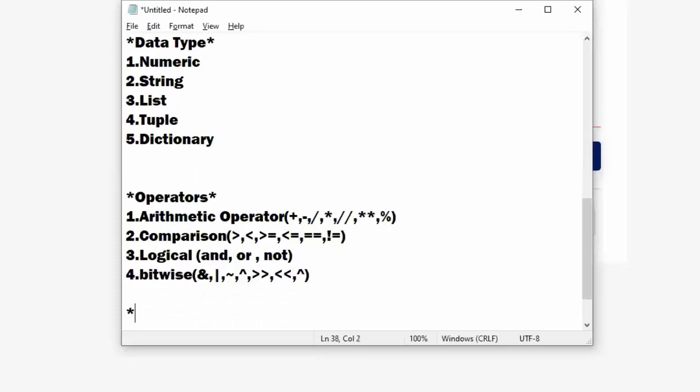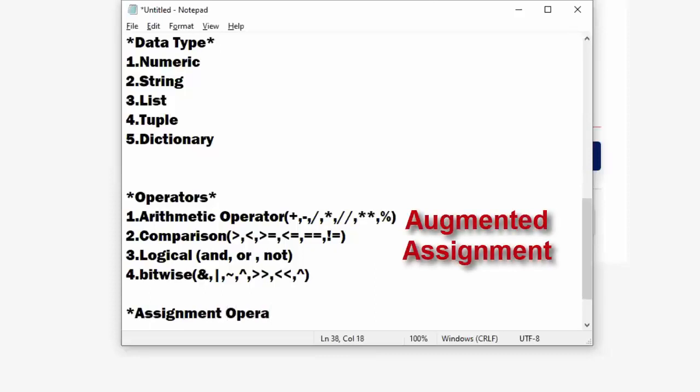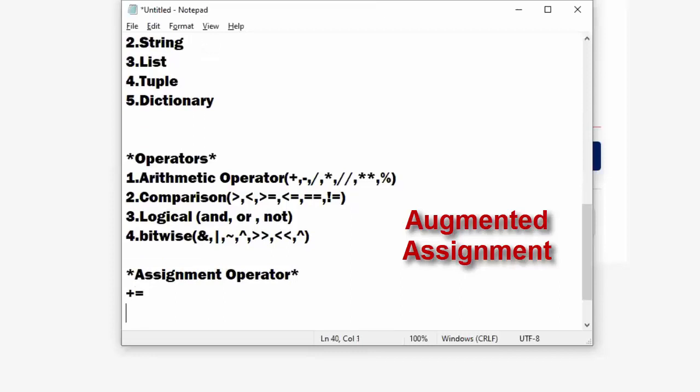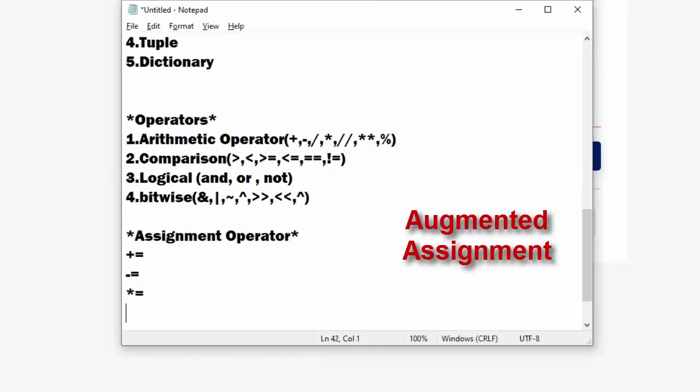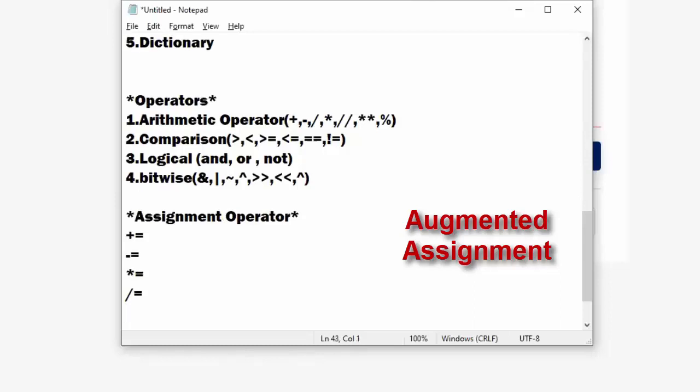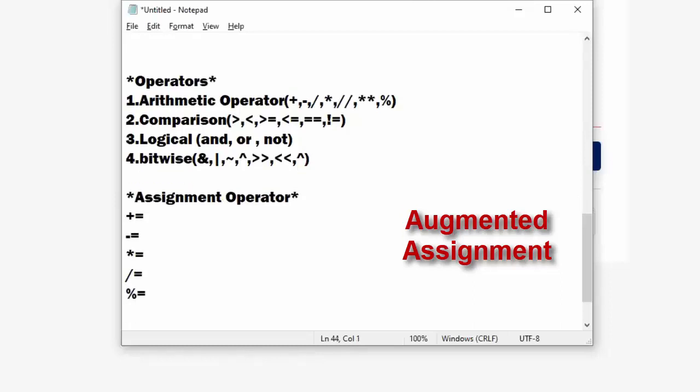Apart from this, Python supports assignment operators. Assignment means you need not repeat the variable. You can have plus equal to, minus equal to, multiply equal to, division equal to, modulus equal to, and in the same way exponent equal to.